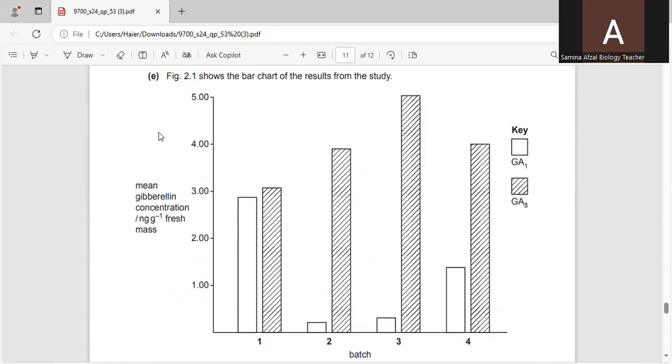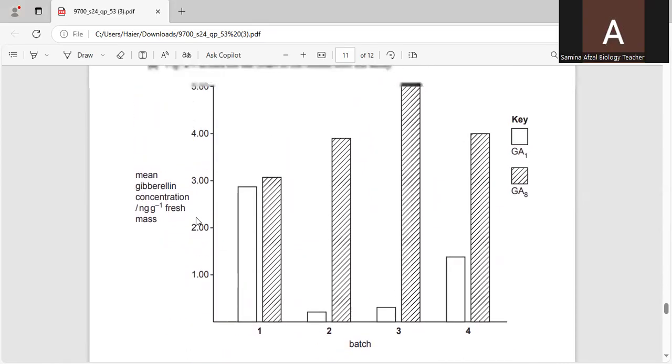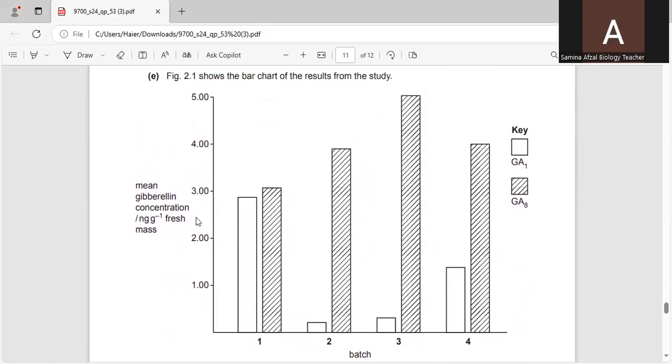So from these tables, 2.2 and this figure 2, we will use this figure and compare the values. Here you can see the highest concentration of the batch. It was 470, it was 680, it was 750.